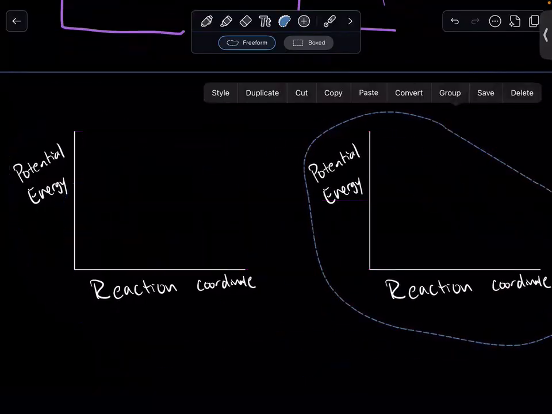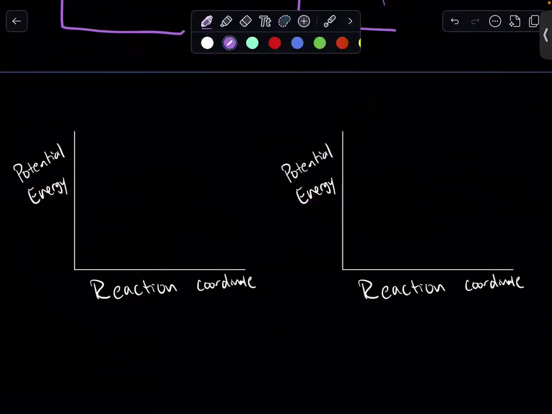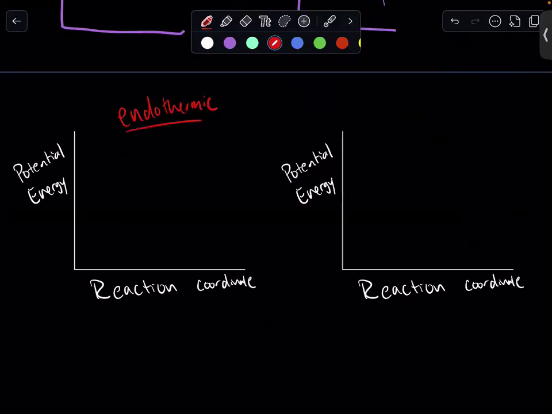So here on one side, this is endothermic. In endothermic, we start at a lower energy and we achieve a higher energy.